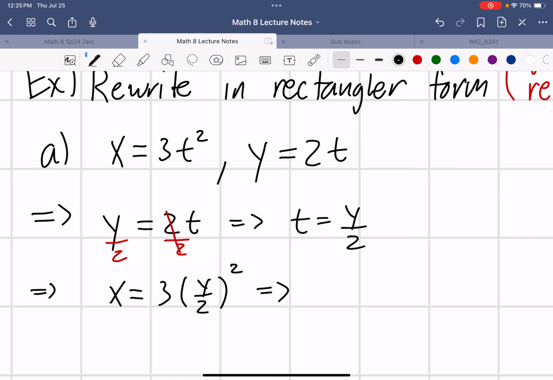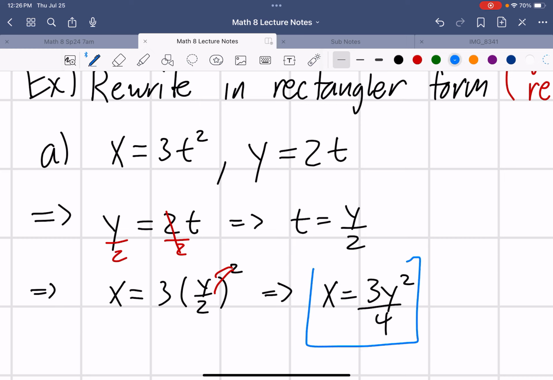And then that's going to simplify to x is equal to 3y squared over 4. Now, that's because if you remember from algebra, when you have a fraction inside of a power, you can apply the power to both the numerator and denominator. And this is the rectangular form of that parametric equation.